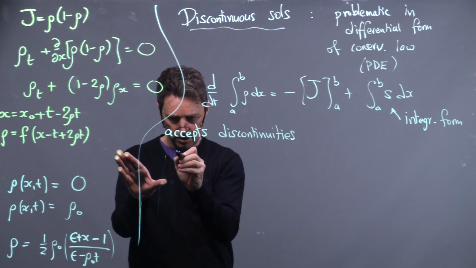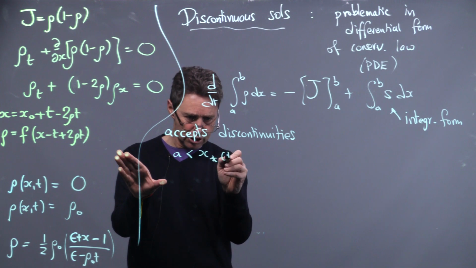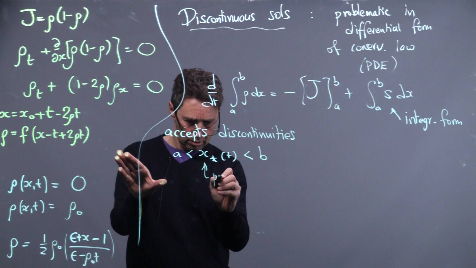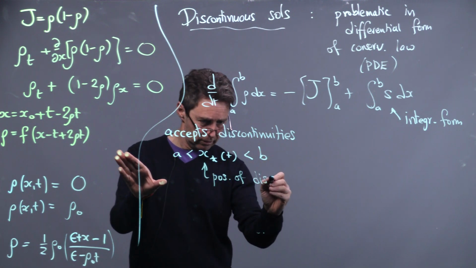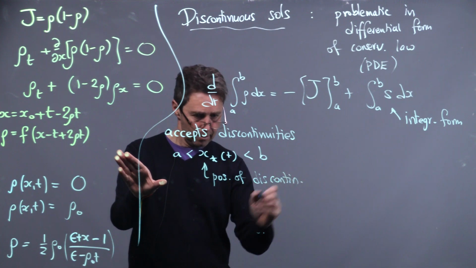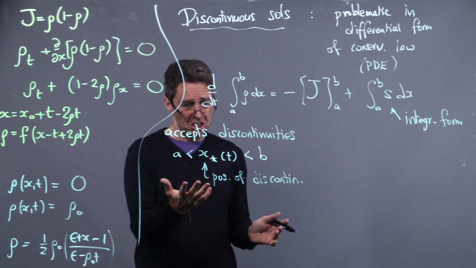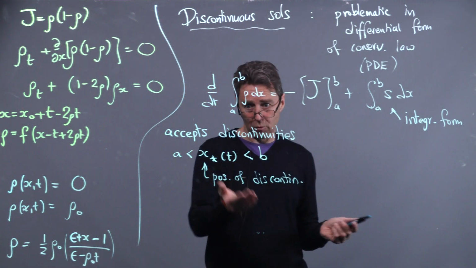Let's just deal with them much more explicitly. So let's say that between A and B is a position x star where rho is discontinuous. And actually, at this stage, there's no obvious reason why this thing is going to stay in one place.